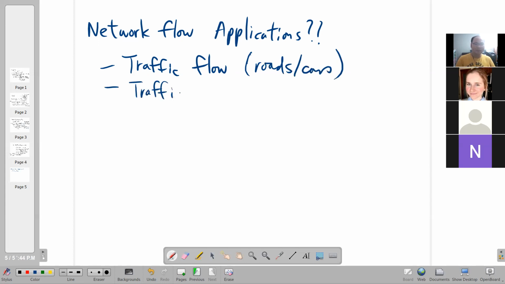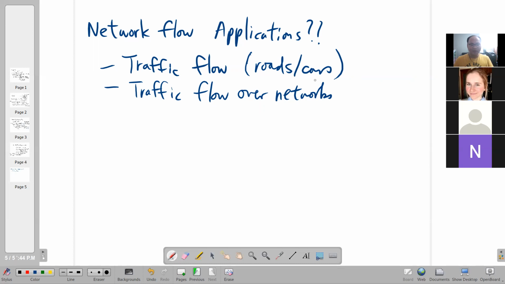You can also use it to model traffic flow over networks. So this could be the bandwidth of particular internet links, the network cables or whatever you want to call it, or it can even be some kind of wireless channels. But anyway, you can have traffic flow.